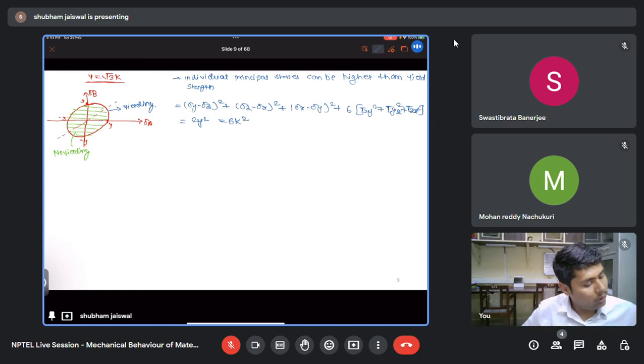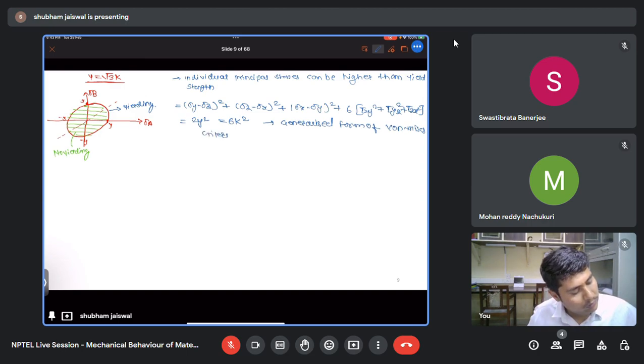So this is the generalized form of the von Mises criterion.